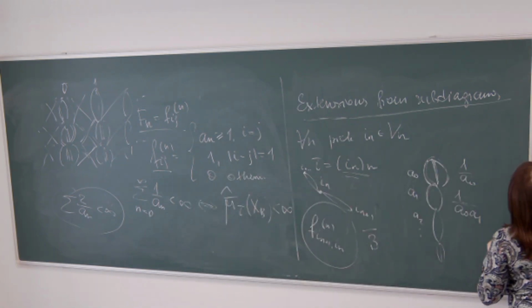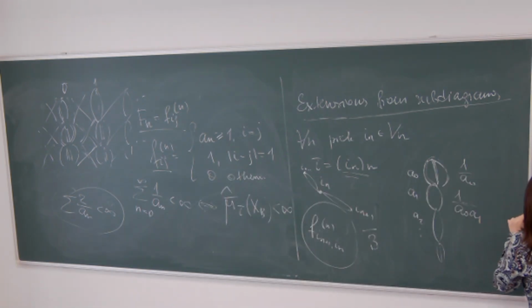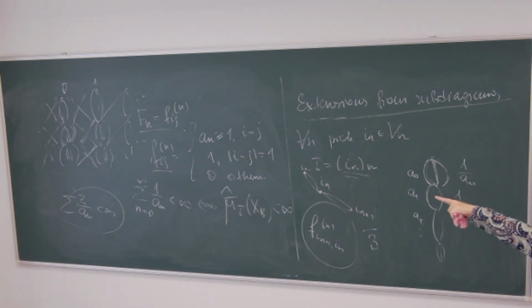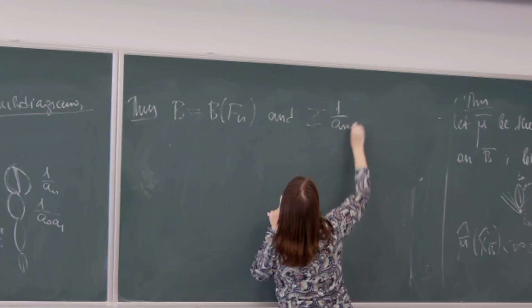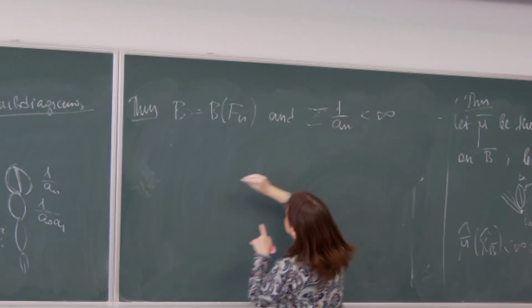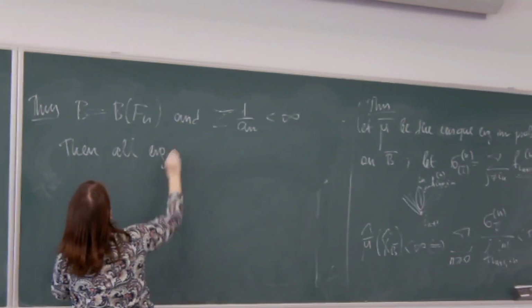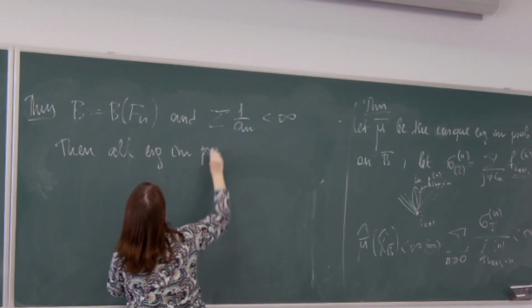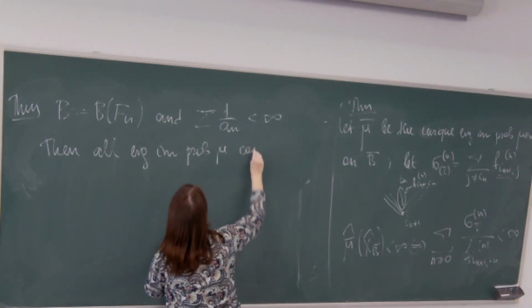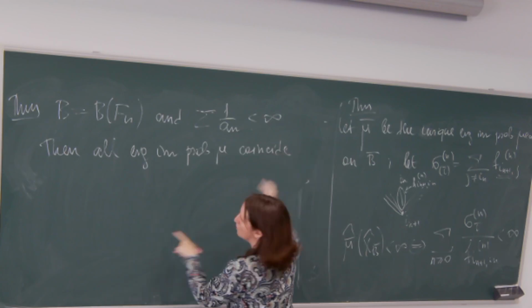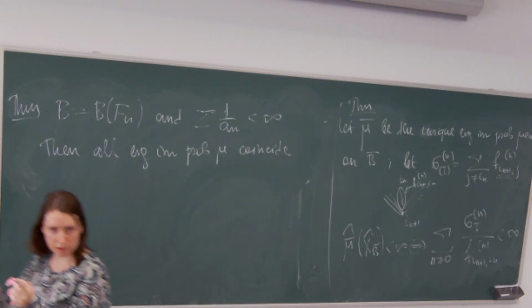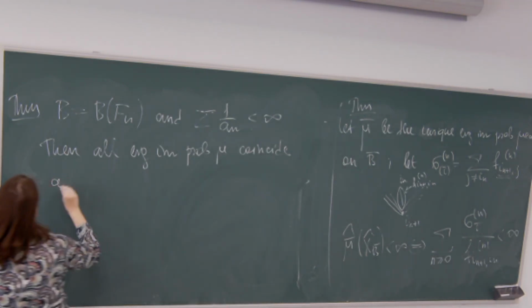So theorem: if our Bratteli diagram is generated by these incidence matrices, and this series is convergent, then all ergodic invariant probability measures coincide after normalization with those extensions from odometers.